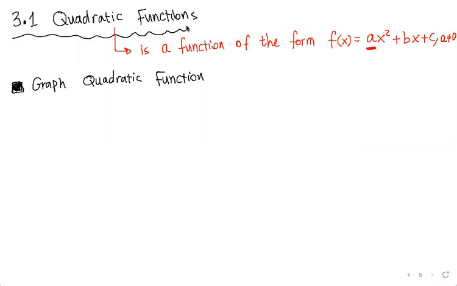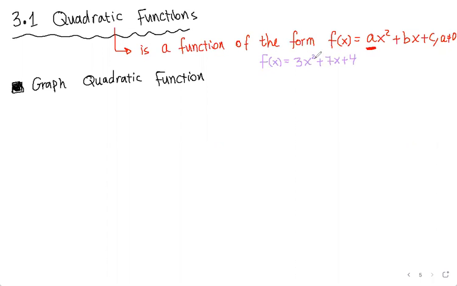But before we start how to graph, I give you an example of a quadratic function. For example, f of x equals 3x squared plus 7x plus, for example, 4. This is a quadratic function. Why? Because the degree of the leading variable here is 2, and this means it's a quadratic function.